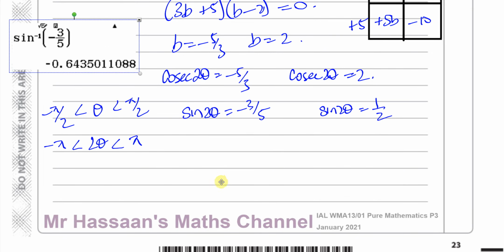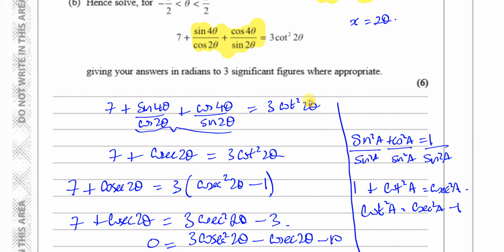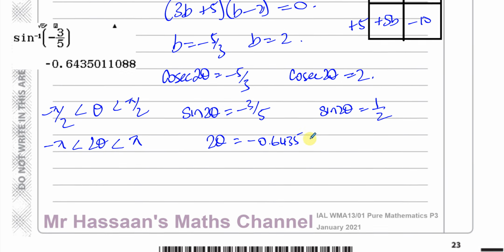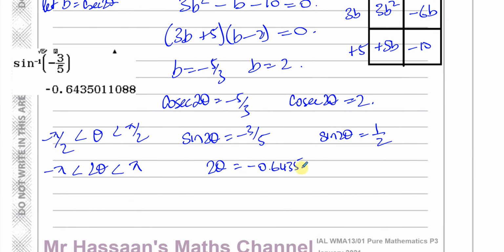So I've got 2 theta equals minus 0.6435. How many decimal places do they want in the end? 3SF. Okay, so I'll leave it to more than 3SF and then round it in the end. That's 2 theta. That's one solution.